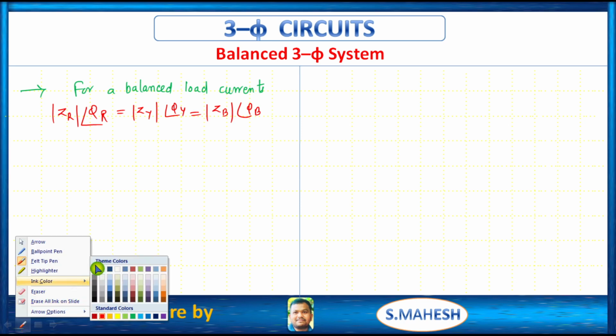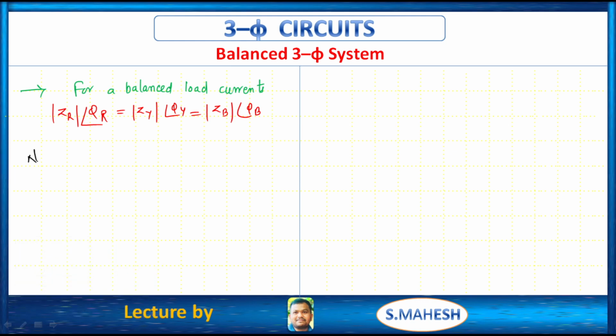Here we can write one important note point, that is, the impedance must be same, that is phase impedance only, not the total impedance. So the impedances are always taken per phase. In this concept, the impedances are taken per phase only. There is no such quantity as line to line impedance in the concept of three-phase system.